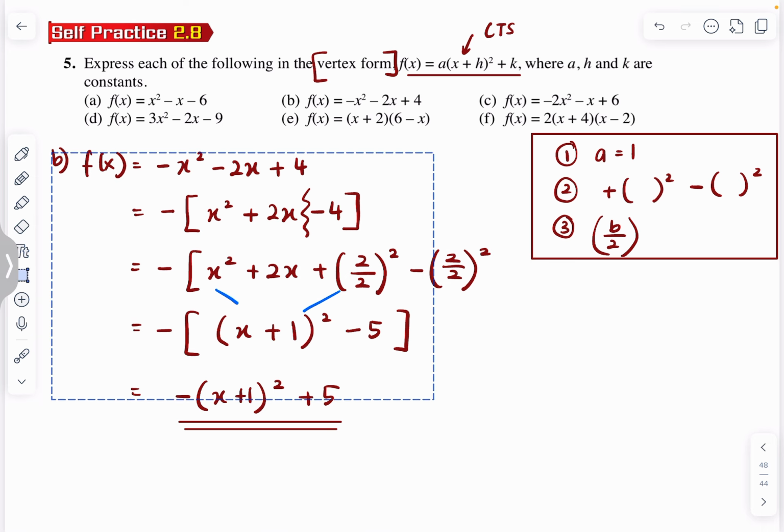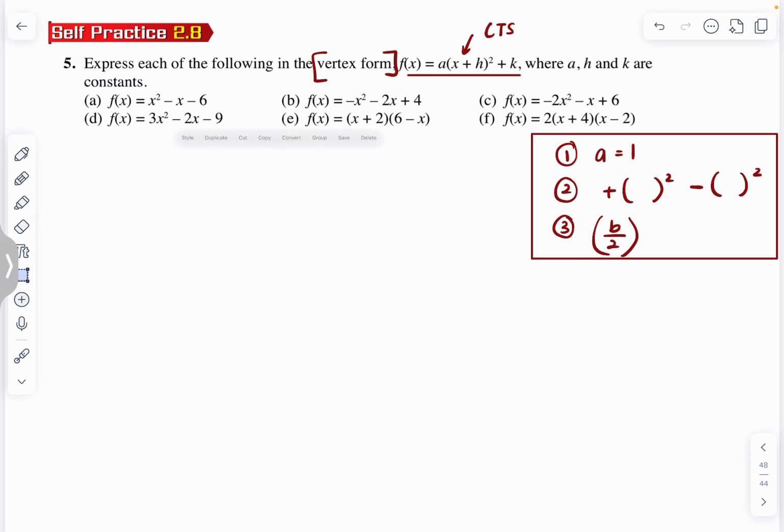Okay, let's look at C. f(x) equals negative 2x square minus x plus 6. So from here, we follow the steps again. A must be 1. So in this case, A is negative 2.